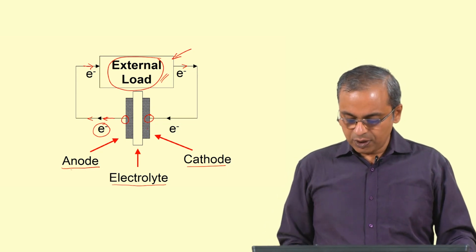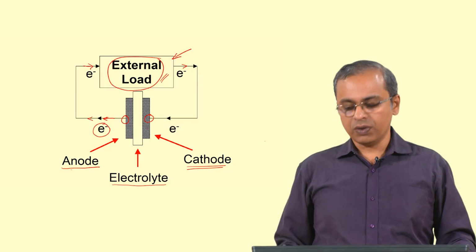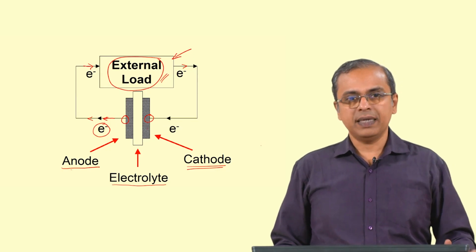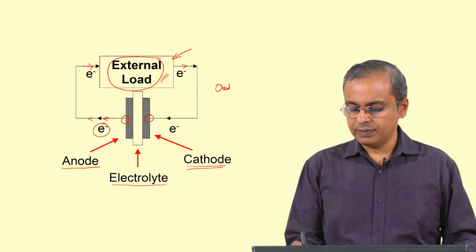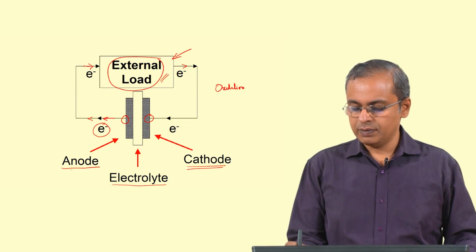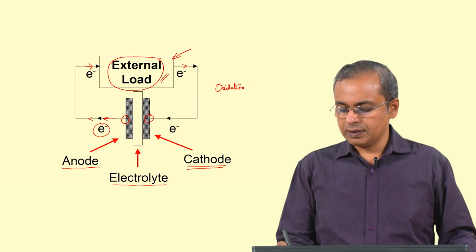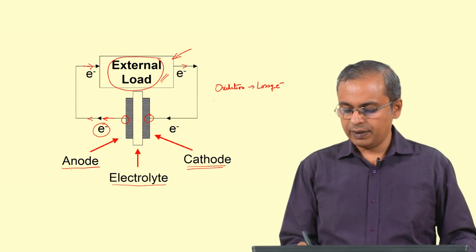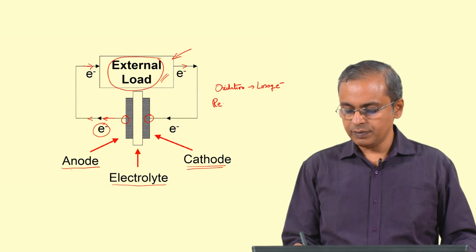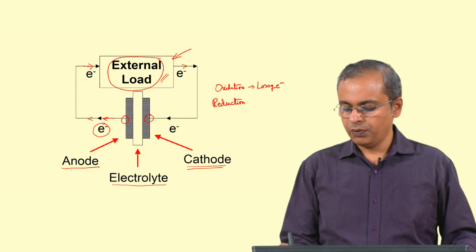Now, at the cathode you have a reduction reaction going on. Reduction is typically a gain in electrons. So, oxidation is loss of electrons, and reduction would be a gain of electrons.